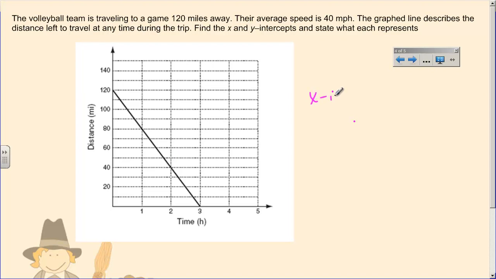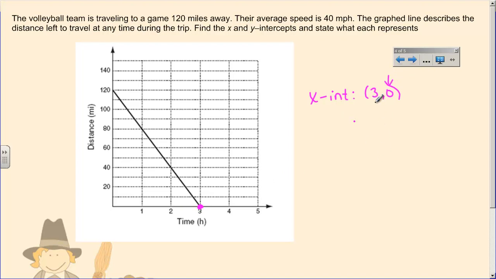So let's do the x-intercept first. The x-intercept is right here, and at that point is going to be (3, 0). And if you look at what is graphed on the x-axis there, that is the time. Now this graph is how much distance is left remaining, okay? So the distance left remaining is the y value. So this is where they have no distance left remaining.